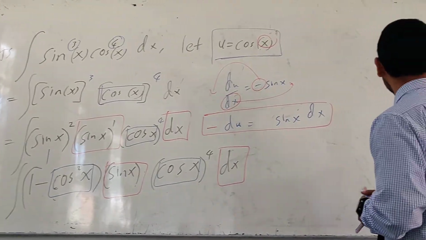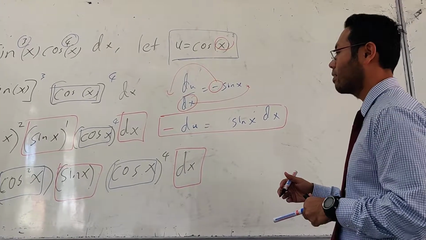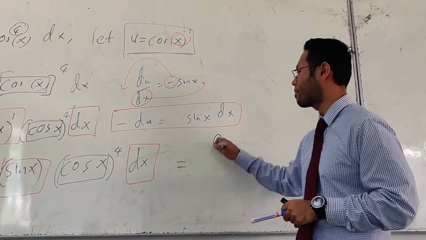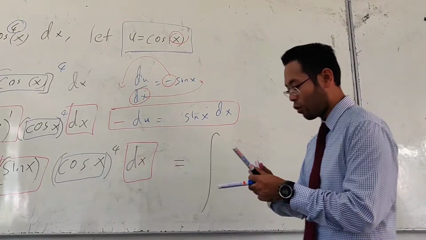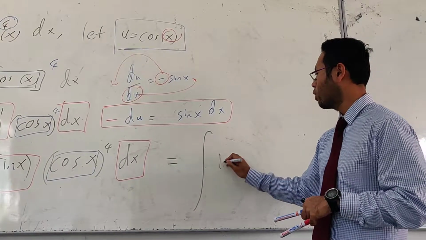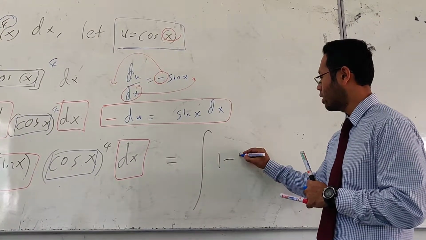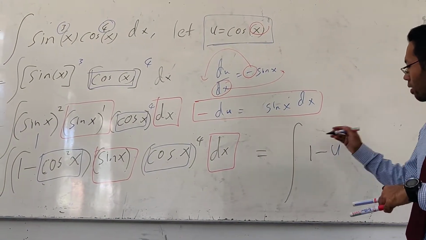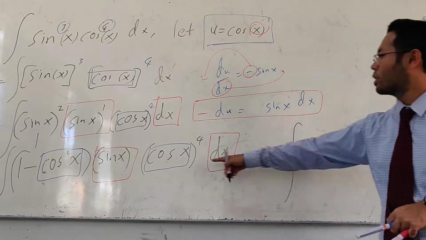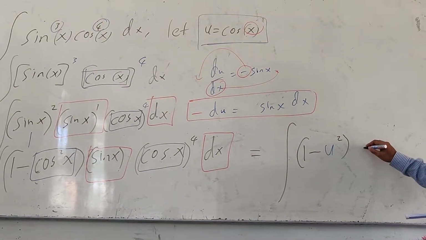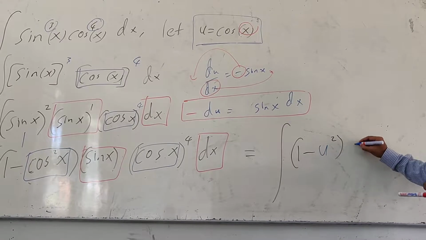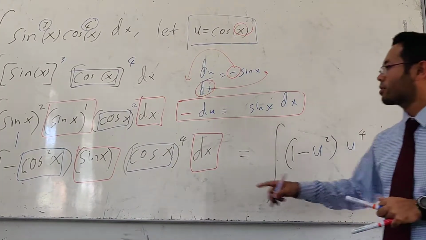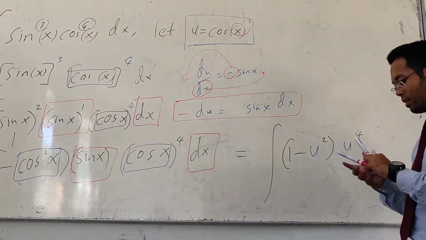So now let's rewrite everything. It's quite long, you know. Let's just rewrite side by side first. So cos becomes u, 1 minus u squared, this one here u to the 4. What about sin x dx? Negative du.